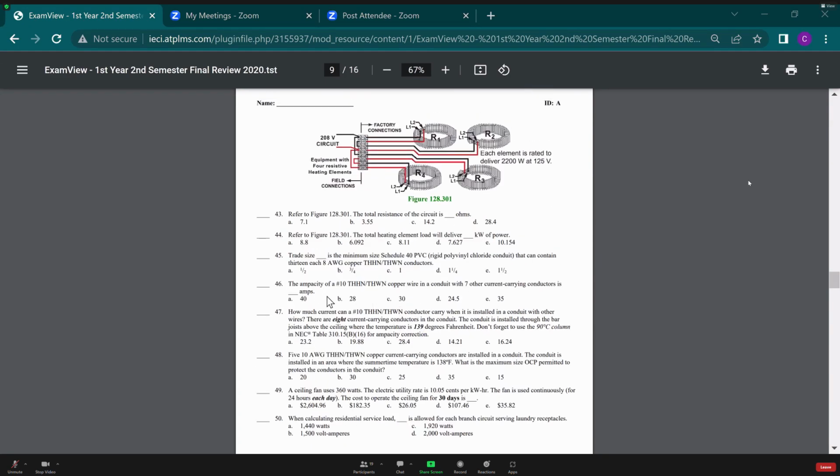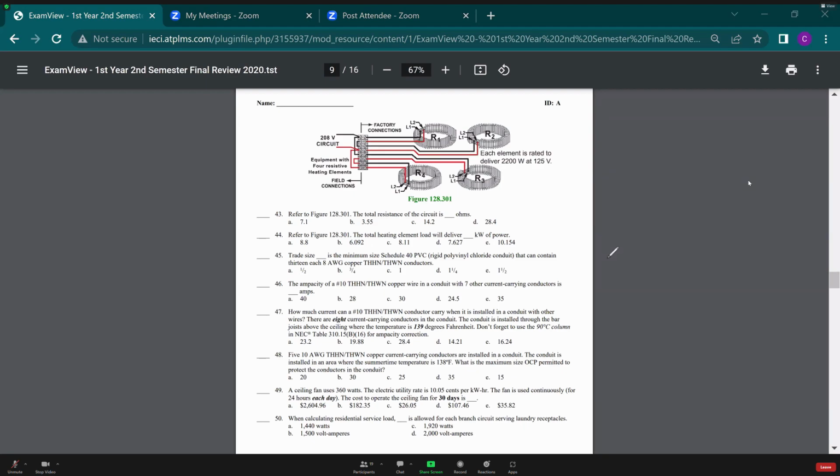All right, now 46: the ampacity of a 10 gauge THHN, THWN copper wire in a conduit with 7 other current carrying conductors is blank amps. Let me write this out.